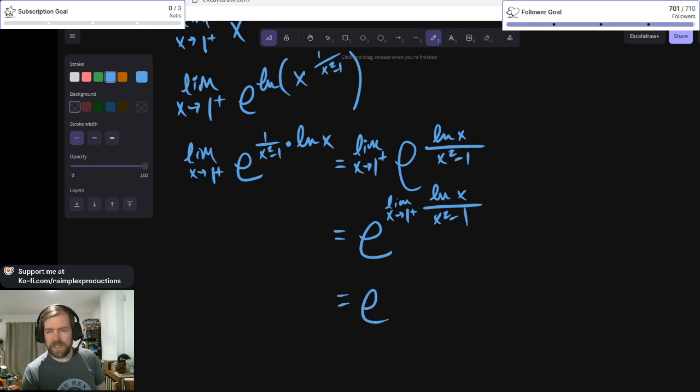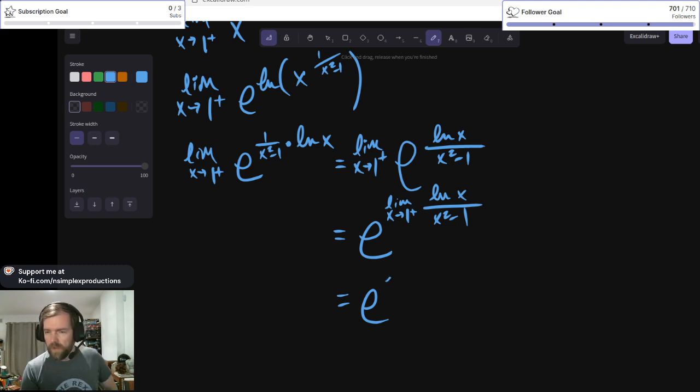Which means that we just take e raised to the, now we're taking this limit and doing L'Hopital's rule on this limit. Is it in fact an indeterminate form? Easy enough. Plug in 1. Same deal. Natural log of 1 is 0, and then 1 squared minus 1 is 0. So 0 over 0, it's indeterminate.